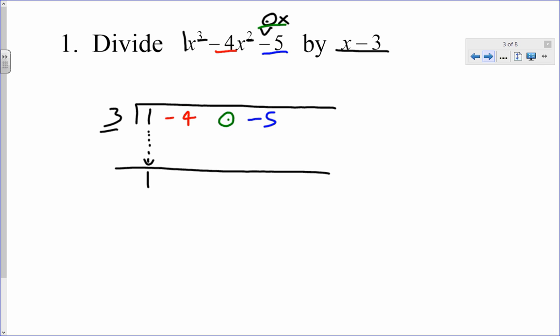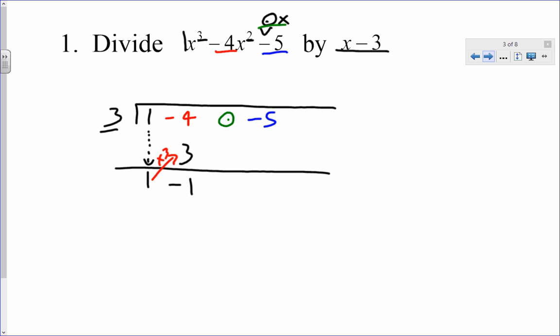Then whatever this number is, we're going to multiply this value by that. So 1 times 3. 1 times 3 is 3, and then we add down. -4 plus 3 is -1.